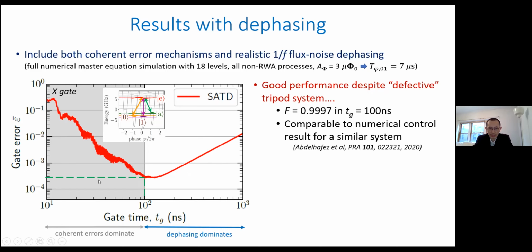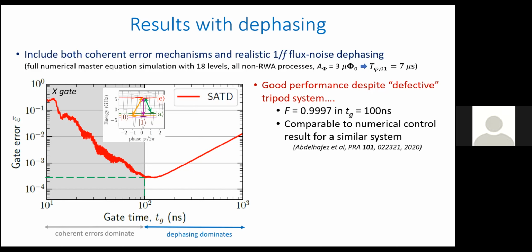However, in the short gate time regime, the error due to dephasing is small. So what is dominant here is the coherent errors. The error is due to the fact that you drive the system with high power, and that also drives the back transitions, which gives rise to the coherent errors. Right, I understand this.